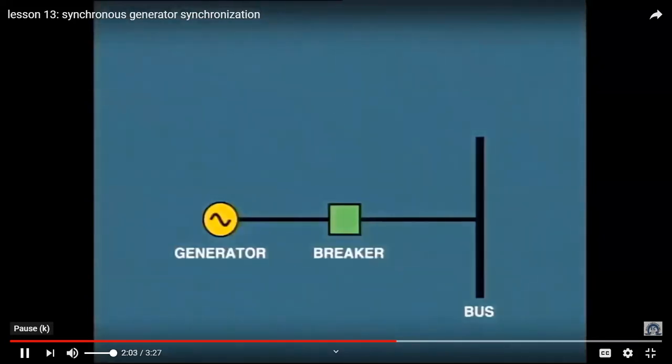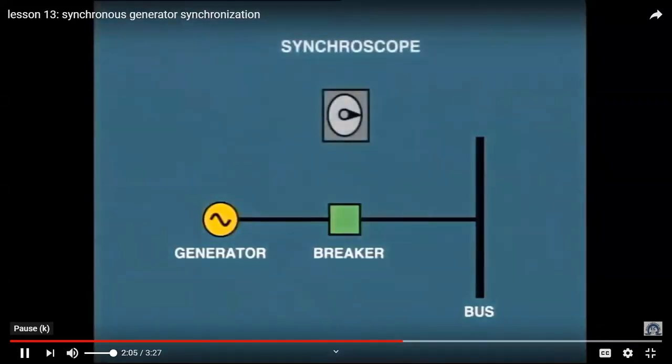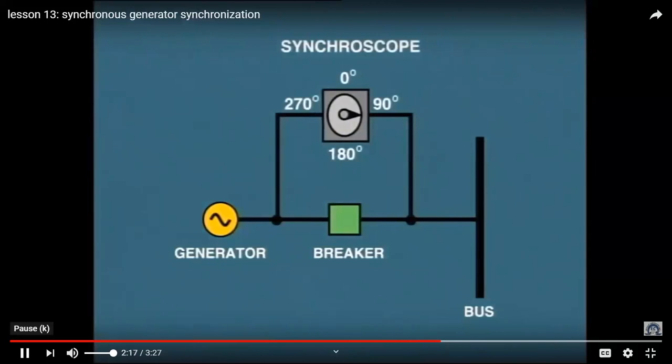On most modern units, this synchronization is performed automatically. However, you may find the need to do this manually on certain occasions. For this purpose, a synchroscope is provided. This is connected to either side of the breaker and, in fact, indicates the difference in phase between the two sides. For example, this condition shows that the generator is 90 degrees out of phase with the bus.